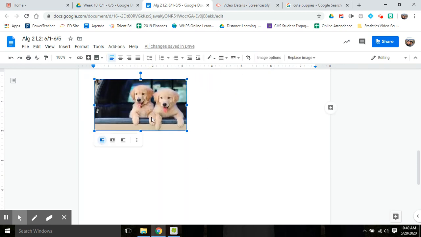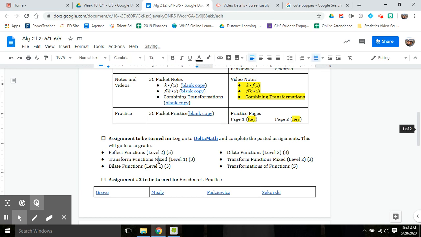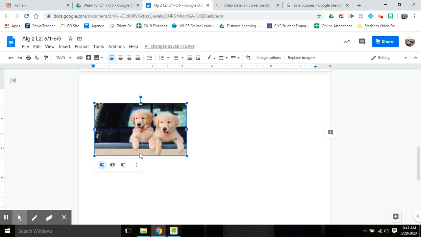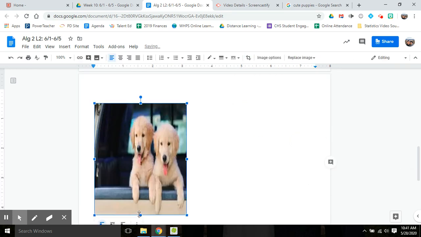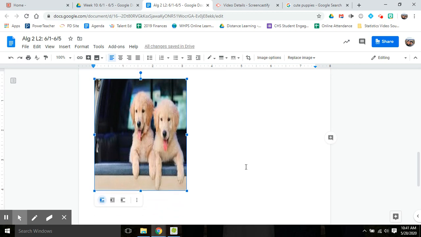Now, if I take these puppies and I do a vertical stretch on them, there we go. Notice they did not get wider, they just got taller.